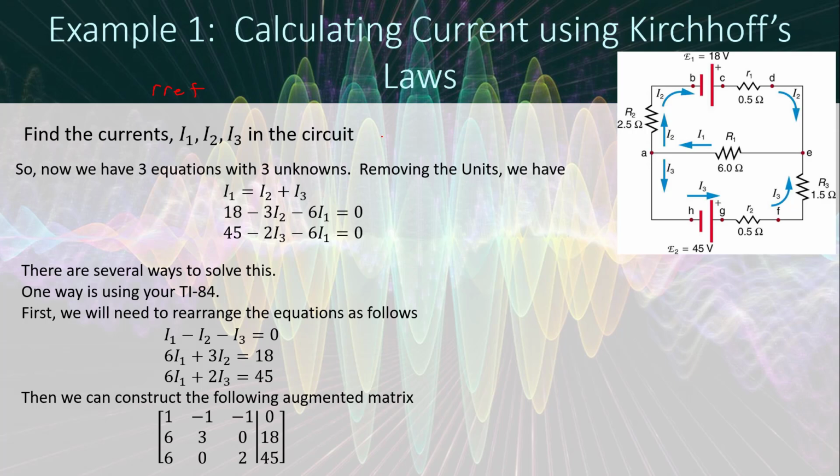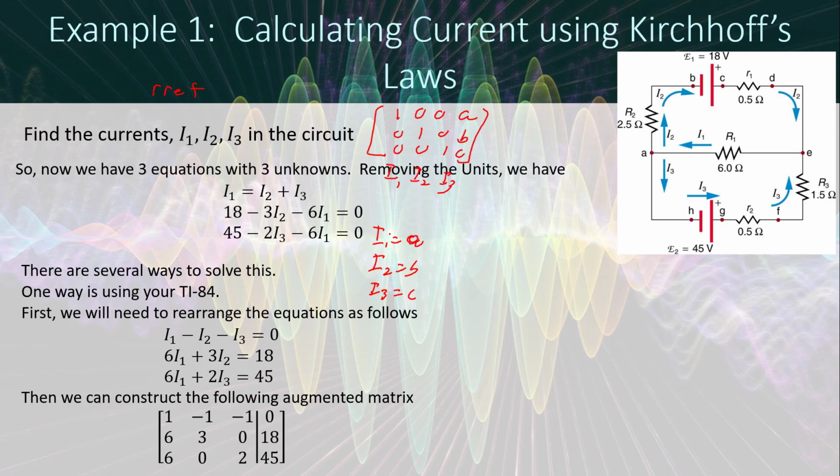What that's going to produce for us is a matrix that looks like this: 1, 0, 0, A; 0, 1, 0, B; 0, 0, 1, C. And once again, each row corresponds to an equation where this is I1, this is I2, and this is I3. So the first row corresponds to I1 equals A, I2 is equal to B, and I3 is equal to C. So that's the kind of matrix we're looking for, and that's how we can interpret it.